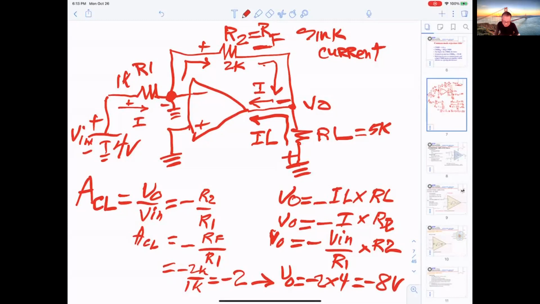Input positive, output negative. Input negative, output positive. Okay? However, if I change that one here, I change to the sideways AC.